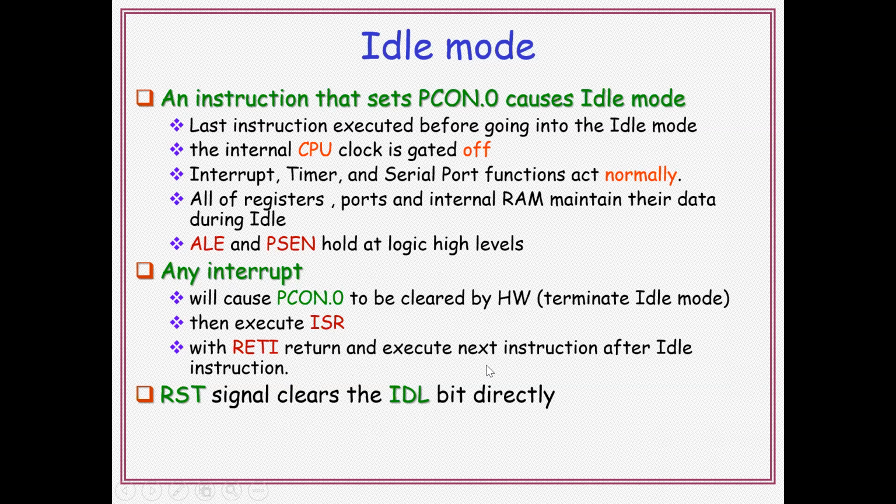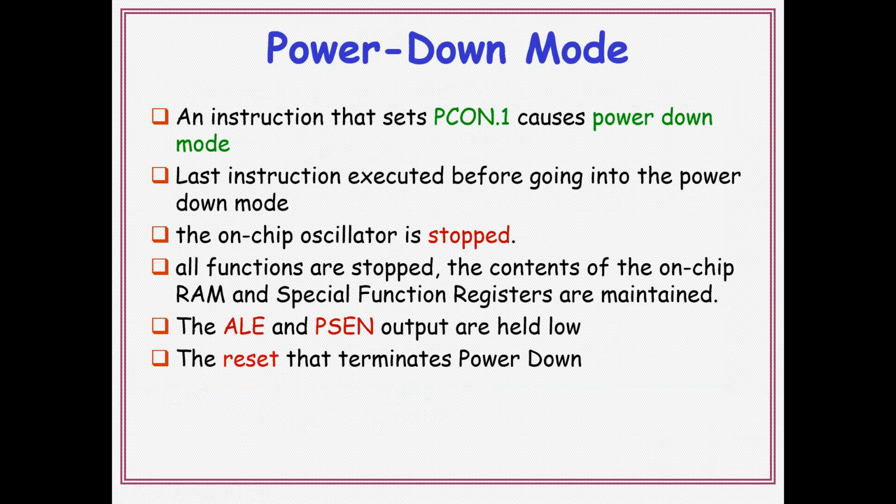Next is power down mode. In idle mode, the clock supplied to the CPU is turned off. An instruction that sets PCON.1 causes power down mode, because it is at position number 1. The last instruction executed before going into power down mode is likewise executed by default in the 8051 microcontroller.